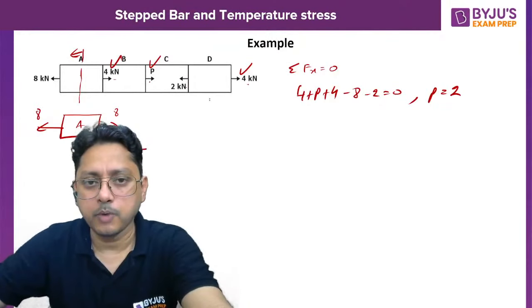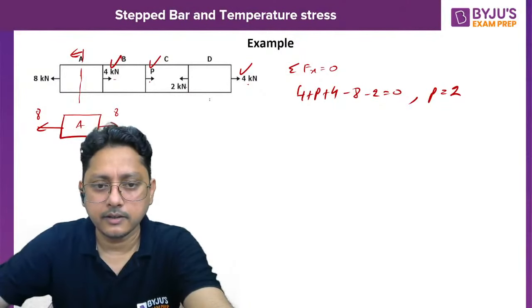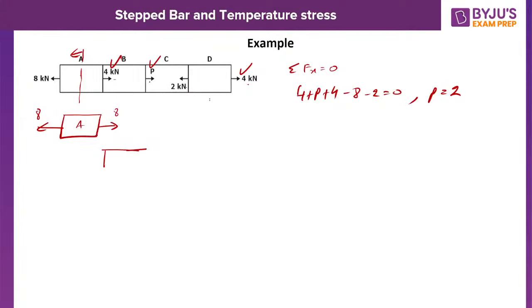For block B, stand once again at the center. Either you see towards the left side or towards the right side. On the left side, 8 kilonewton is acting, and 4 is acting towards the inner side.